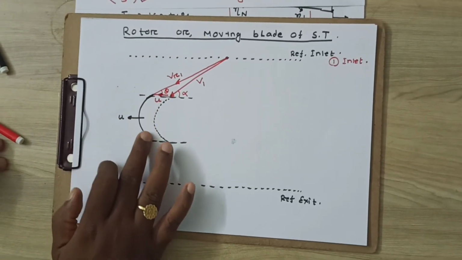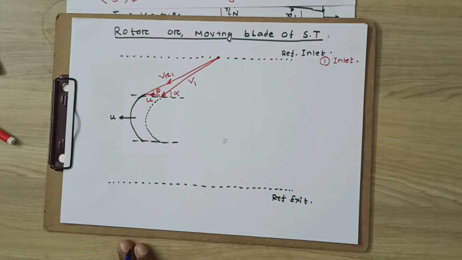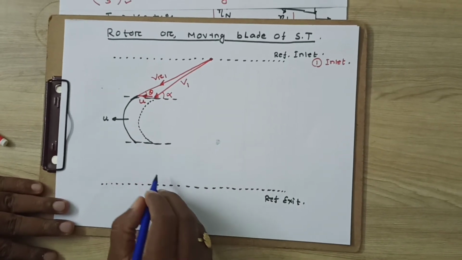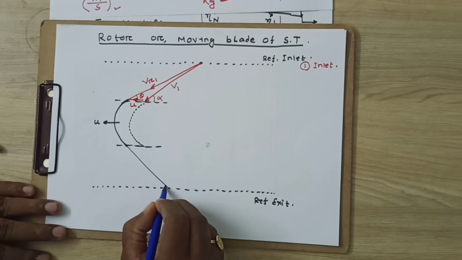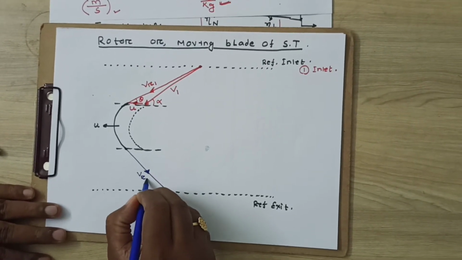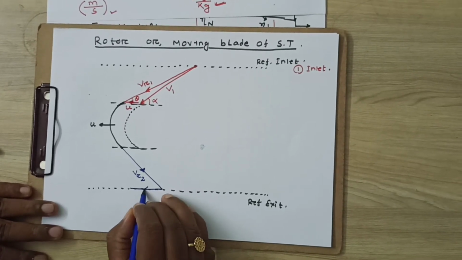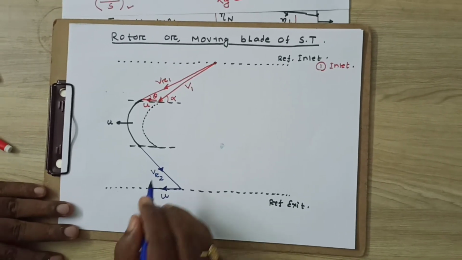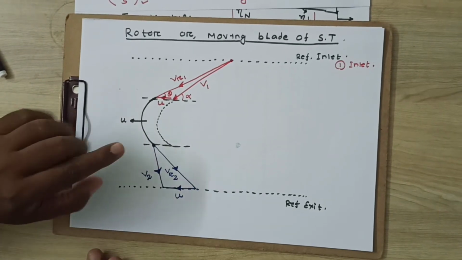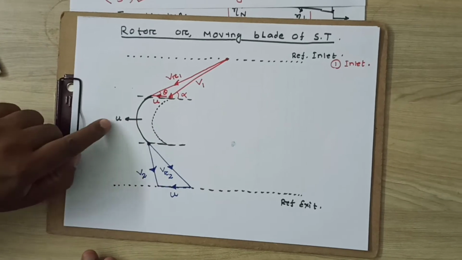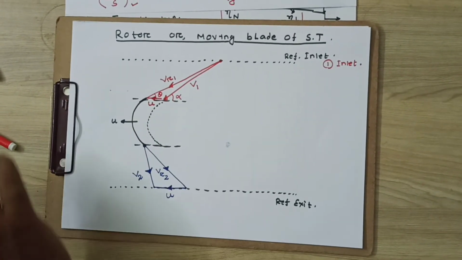The steam moves out at an exit relative velocity, VR2, which I am drawing in blue. Here is the peripheral velocity u, along this direction, and V2 is the absolute velocity at which steam exits from the tip of the rotor blade.